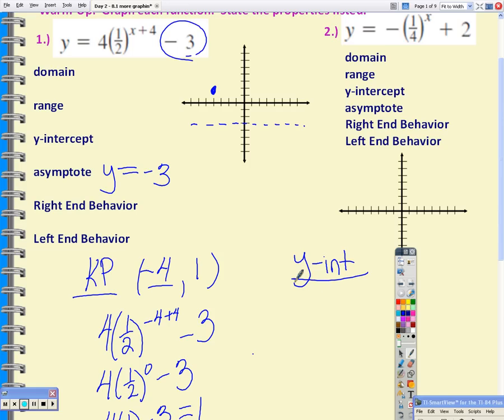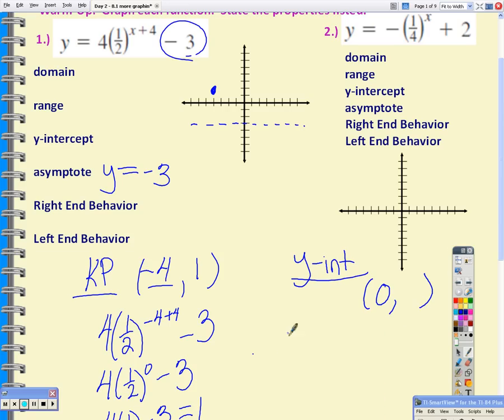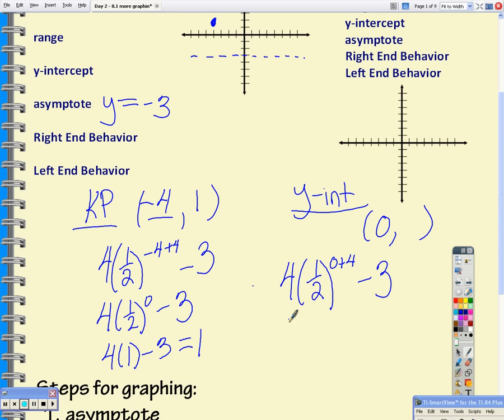To find the y-intercept, you always make the x value 0. And simplify. When you have a fraction to a power, that power goes to both numbers.